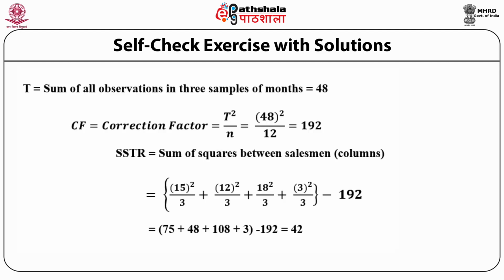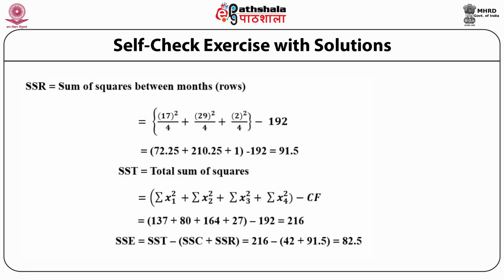Now to find the sum of squares between the salesmen, that is columns, we add 15 square upon 3 plus 12 square upon 3 plus 18 square upon 3 plus 3 square upon 3, and then subtract the correction factor, that is 192, and it gives the SSTR value as 42.